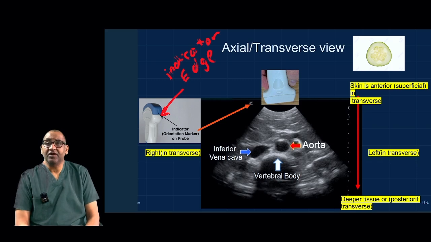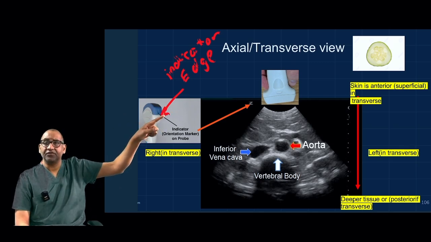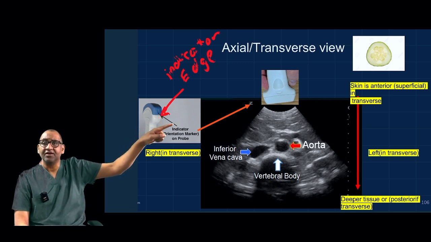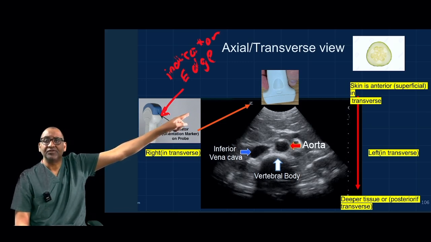For example, if you are now scanning for the aorta, you need to know the side where the indicator edge is on your probe. If you look at this image, you have the indicator on this side, and it should be on the same side as the indicator on your image.